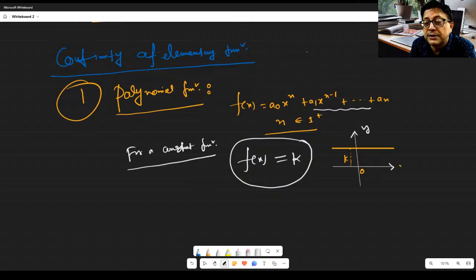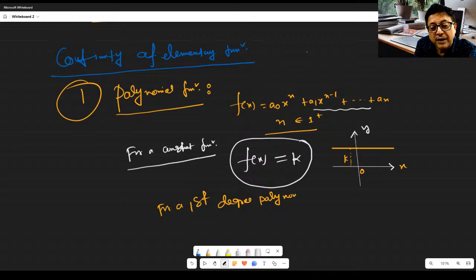This function is continuous. So graph of function can be done for the first degree polynomial also. For a first degree polynomial, if you calculate limiting value equal to functional value, you will get the same thing.